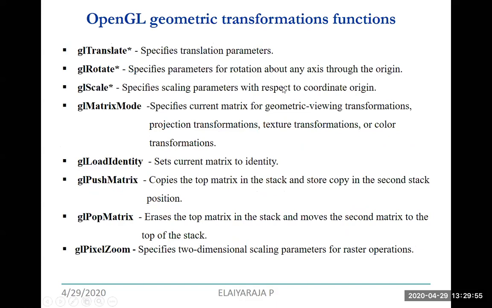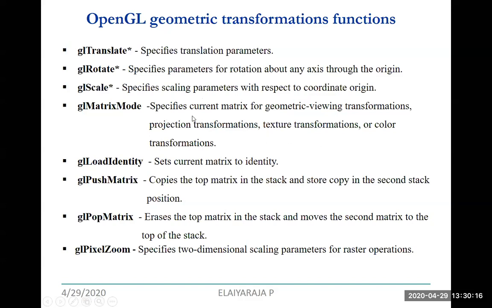glRotate specifies rotation about any axis through the set coordinate region. Similarly, glScale specifies the scaling parameters with respect to the coordinate region. And glMatrixMode has two different modes, the model view matrix as well as the projection matrix.